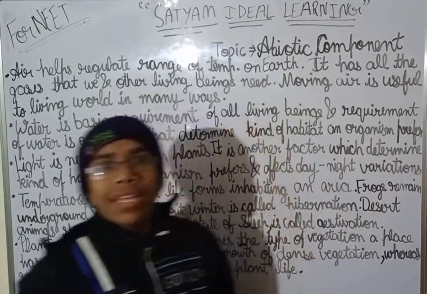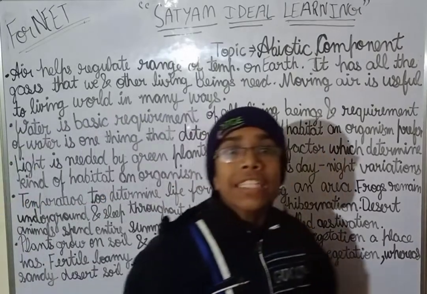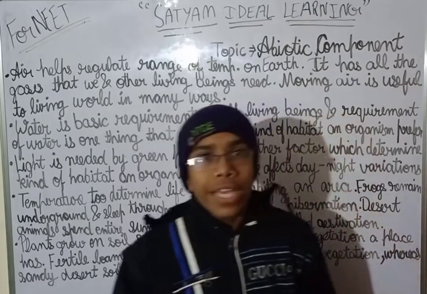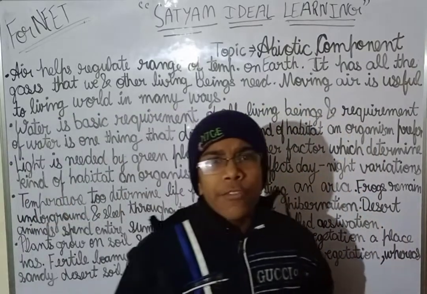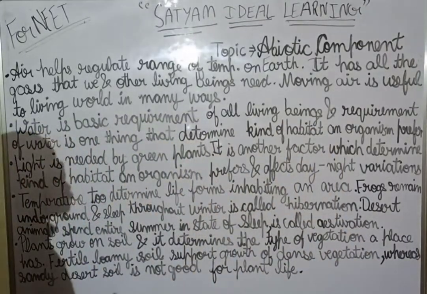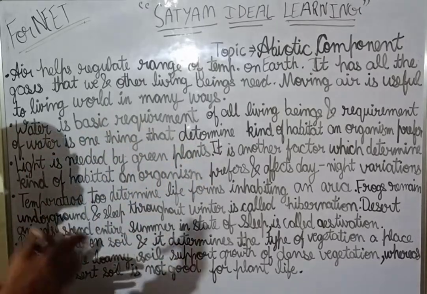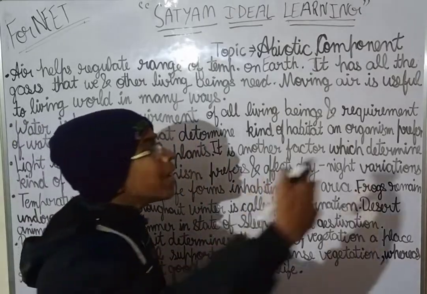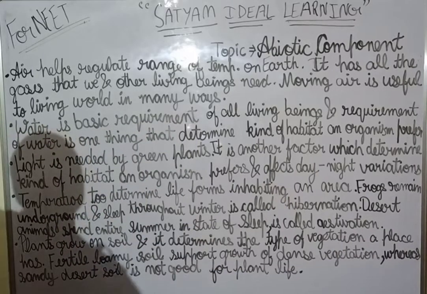So they are living in areas that have lots of rainfall. And you know, in desert there is no rainfall or very little rainfall. This is how the requirement of water varies from one organism to another organism. Clear this thing?